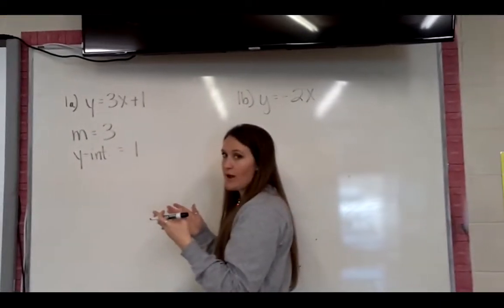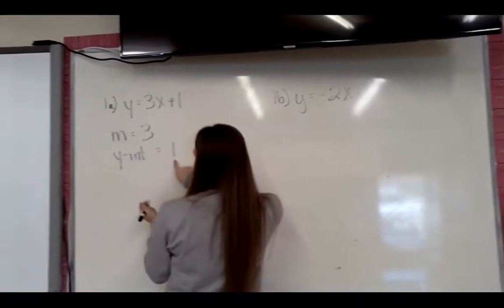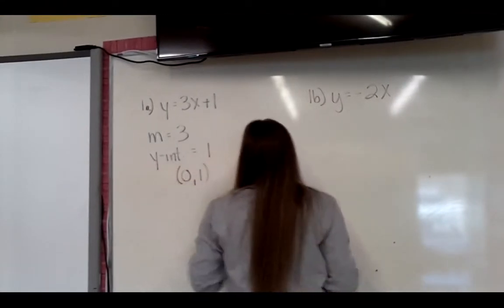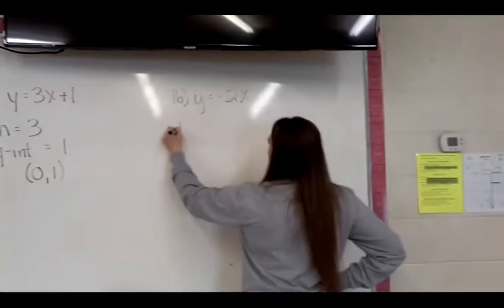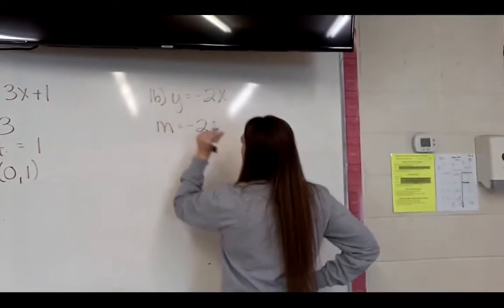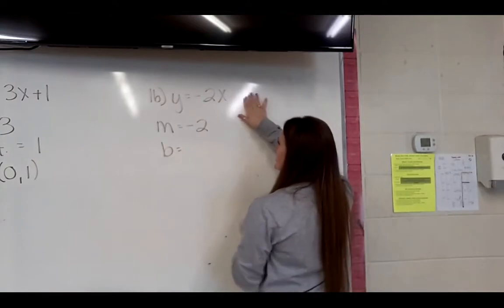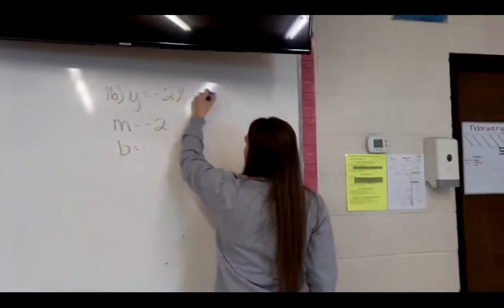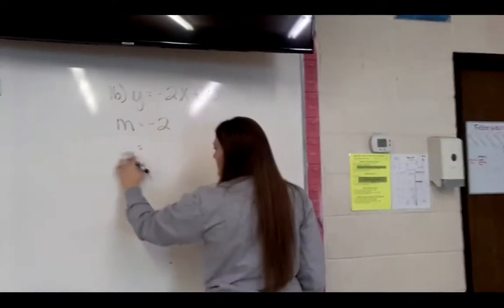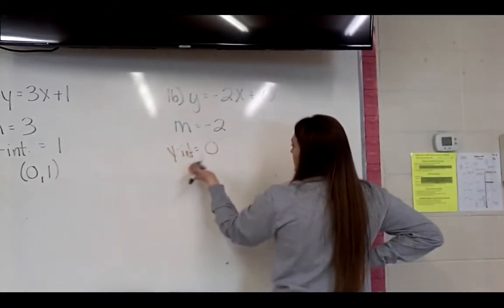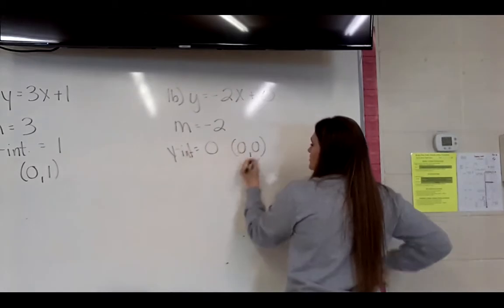Y-intercept is where it crosses the y-axis, so that is the point 0, 1. On 1b, my slope is -2. My y-intercept, there's nothing out here, so that means it would be plus 0. So our b, or your y-intercept, is 0, which means that's the point 0, 0.